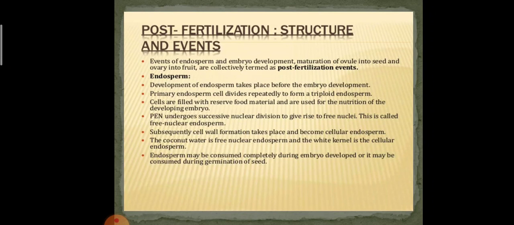If nucellus is present, it is known as perisperm, and the perisperm seed is present in Piper nigrum. Antipodal cells degenerate, synergid cells degenerate except in polyembryony, but the egg cell is converted into zygote, which becomes the embryo, and the secondary nucleus converts into the endosperm.